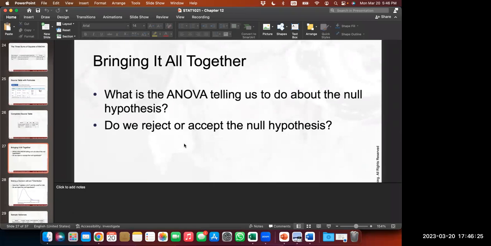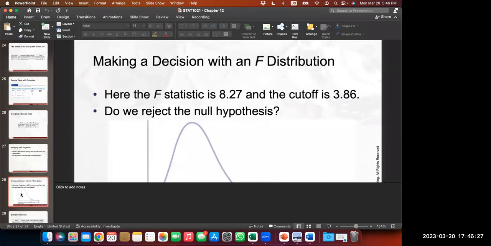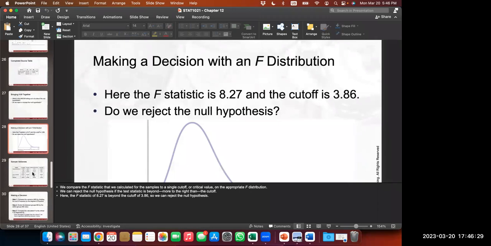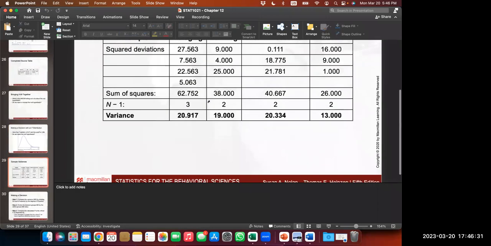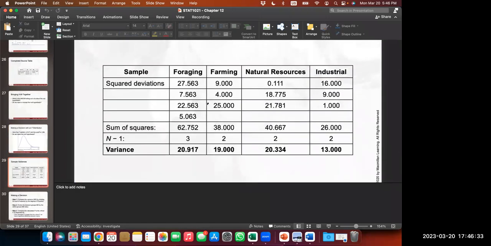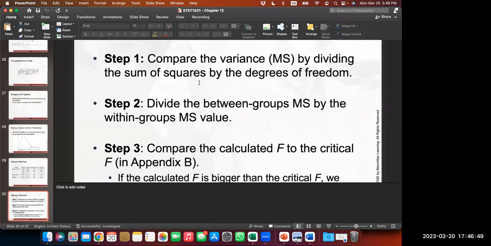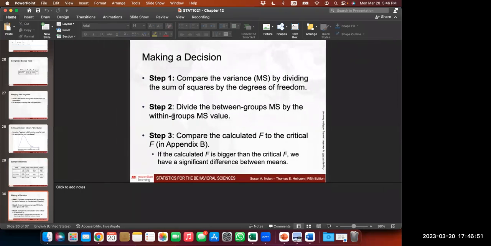So we are rejecting the null hypothesis, and we basically know now that at least one of those groups is different from the grand mean. What are you going to do next? So you have these calculations. You have the respective group variances, the 13. This is how you would compare them.